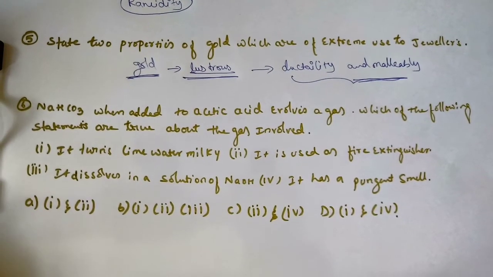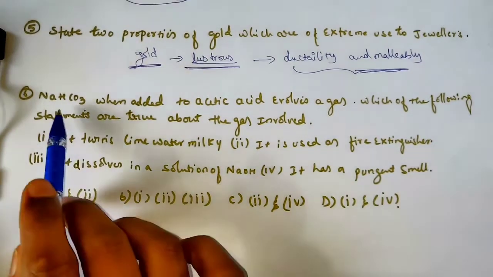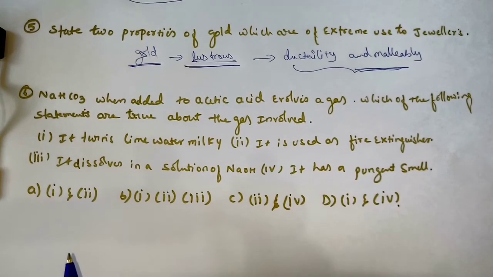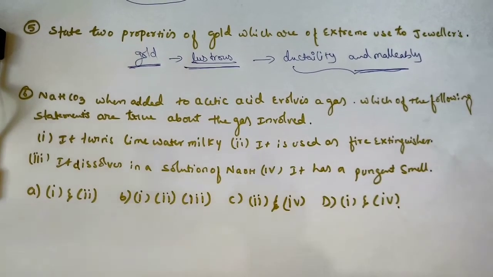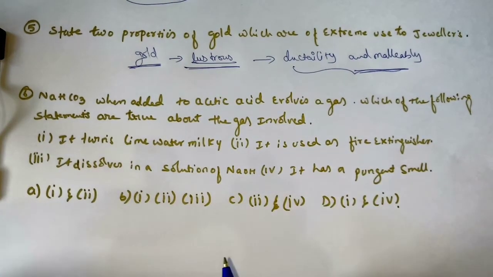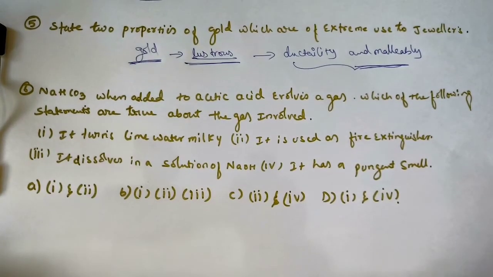Moving to the next question, which is like an MCQ. NaHCO3, that is sodium hydrogen carbonate, when added to acetic acid, evolves a gas. Which of the following statements are true about the gas evolved? There are 4 options already given, and we have to select the correct option.